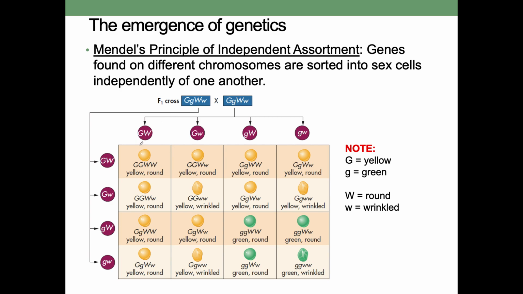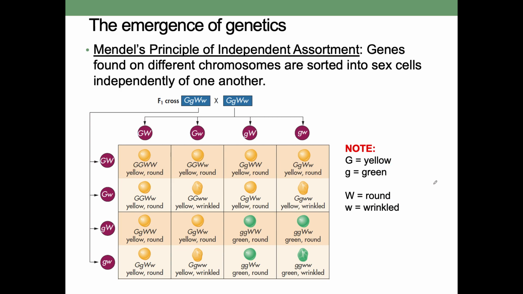And basically, just like with a single trait Punnett square, you do the same thing. So in this case, the genotype is big G, big W, and that translates to having a yellow seed because of the dominant alleles there, and a seed that's round.